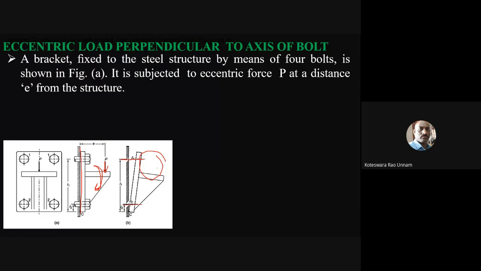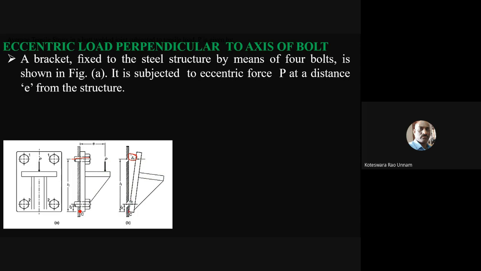That means the amount of tilt, if this angle is theta, is constant, so the top bolts are tilted more, or you can say the top bolts are elongated more. This much is delta. Delta 1 is the elongation of this top bolt. The point about which it is tilting is the bottommost point where it touches the steel structure. This is the point of tilt, C, where the deflection is 0.